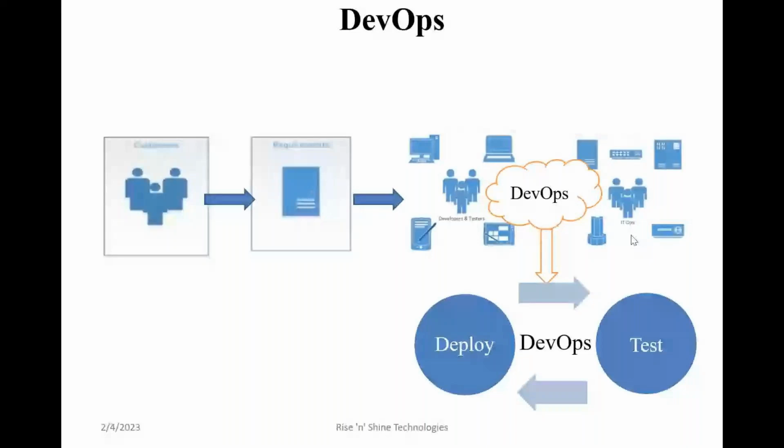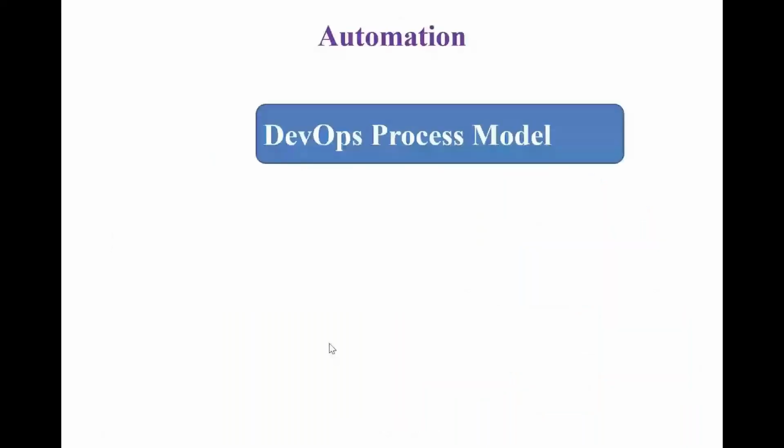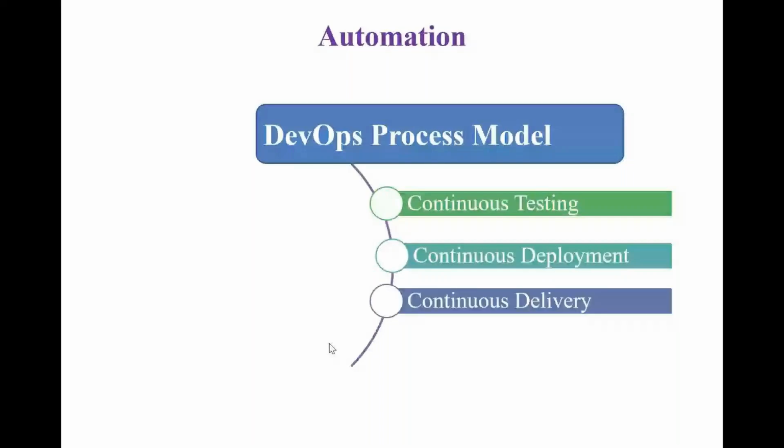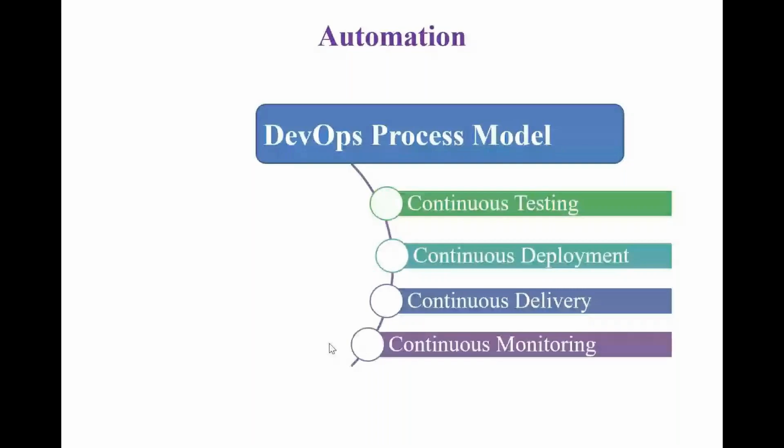So DevOps is bringing continuous deployment, continuous testing. And finally automation. From the DevOps process model's point of view, continuous testing, continuous deployment, continuous delivery, continuous monitoring are all important factors.